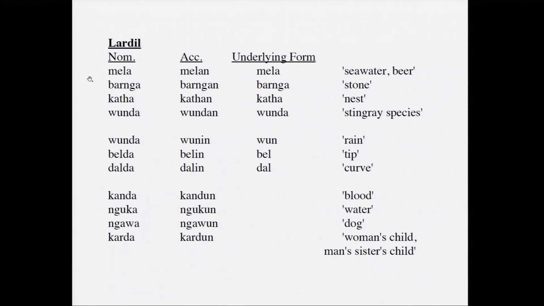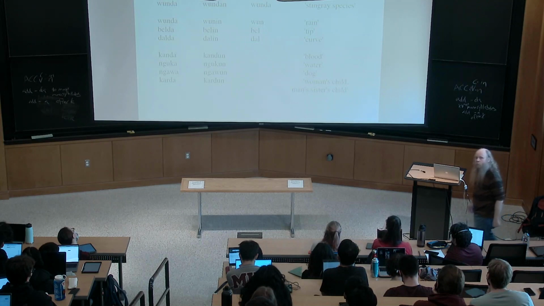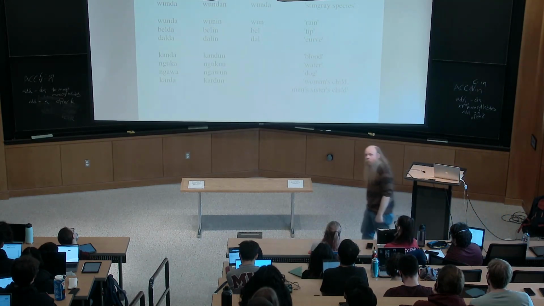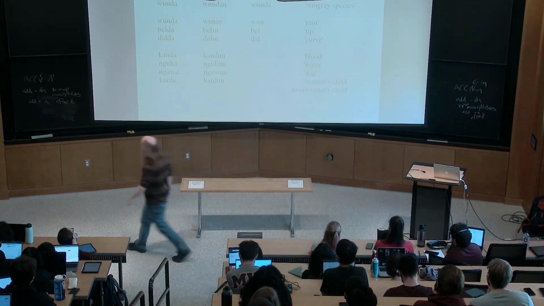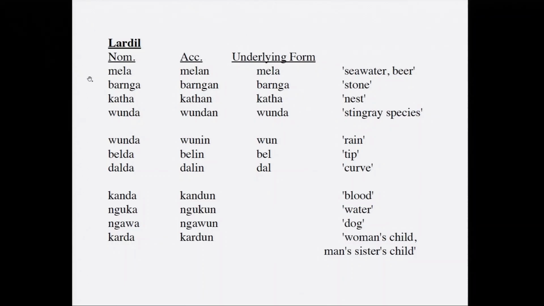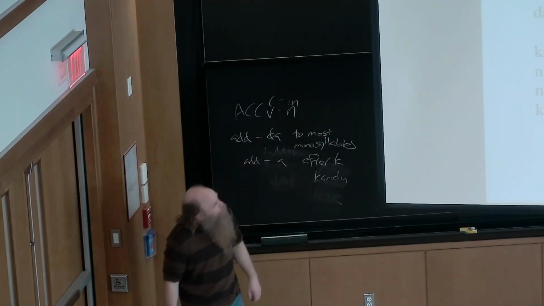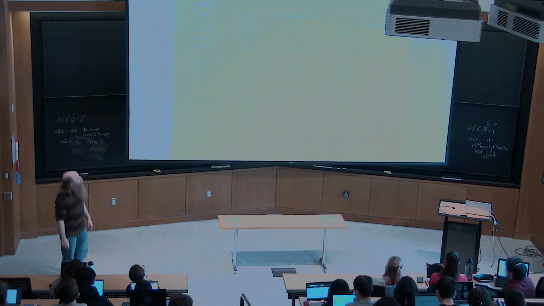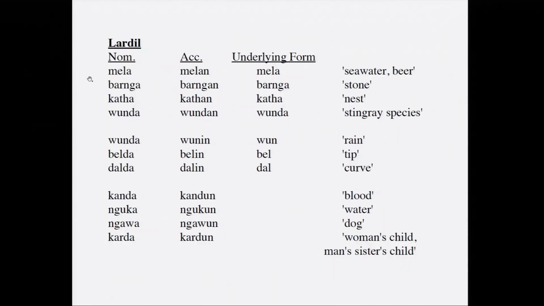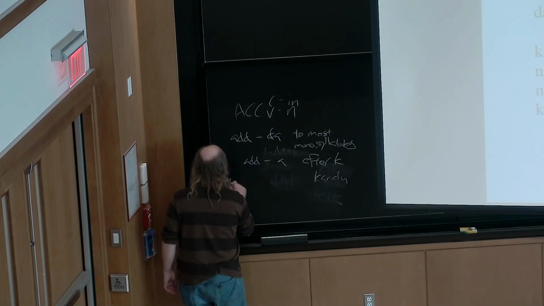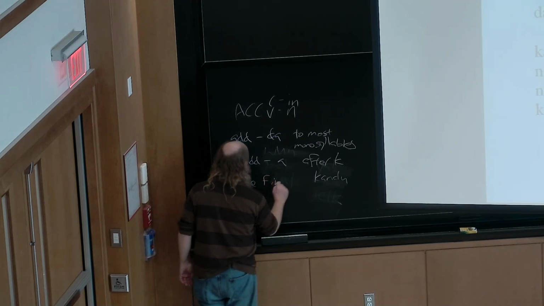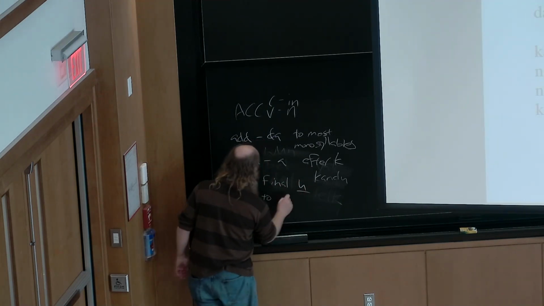Yes? You can't end it in u. Uh-huh. You have to change everything that ends in u to a. Yep. Right. So we're going to posit underlying forms like kandu, ngugu, ngau, kardu, and then we're going to have a rule: change final u to a.